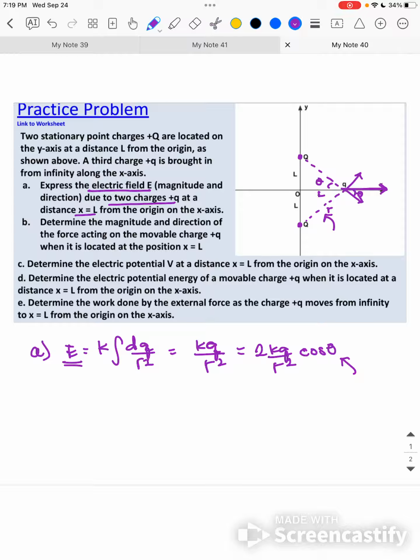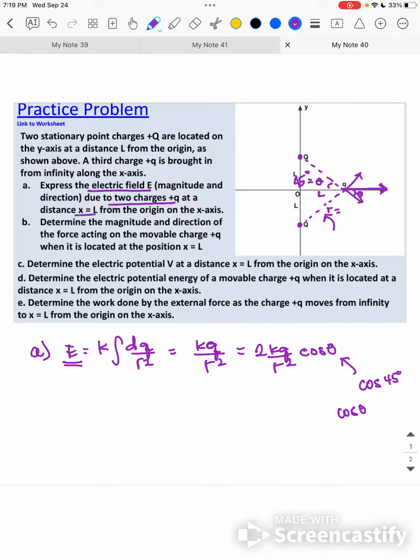You could use the similar triangle rule, or you could notice the fact that since one side is L and the other side is L, it's a 45 degree angle here. So you could either take cosine of 45, or you could say cosine theta is equal to adjacent over hypotenuse.